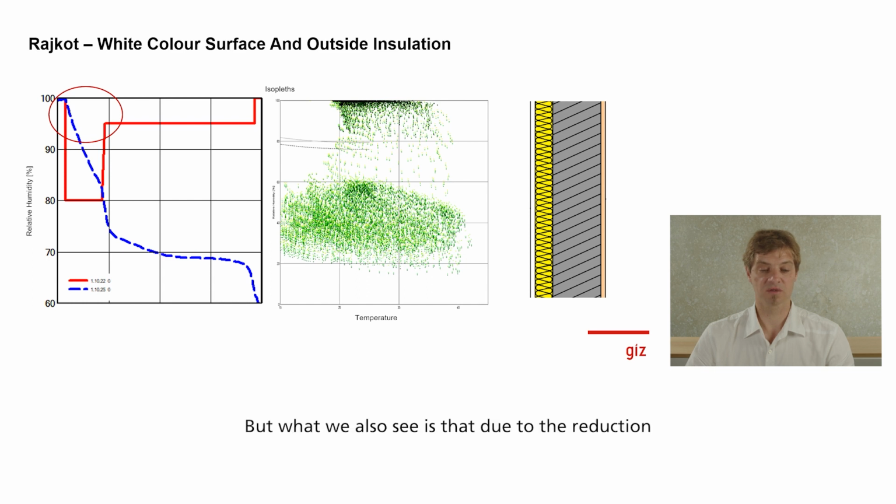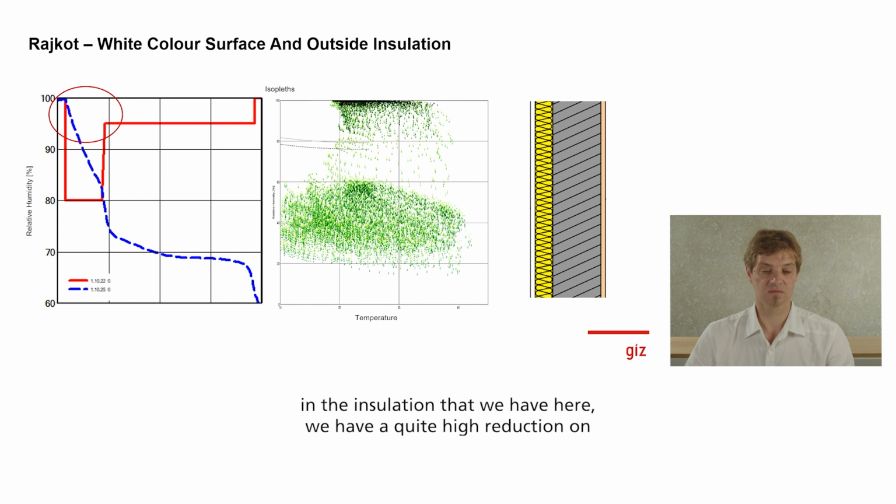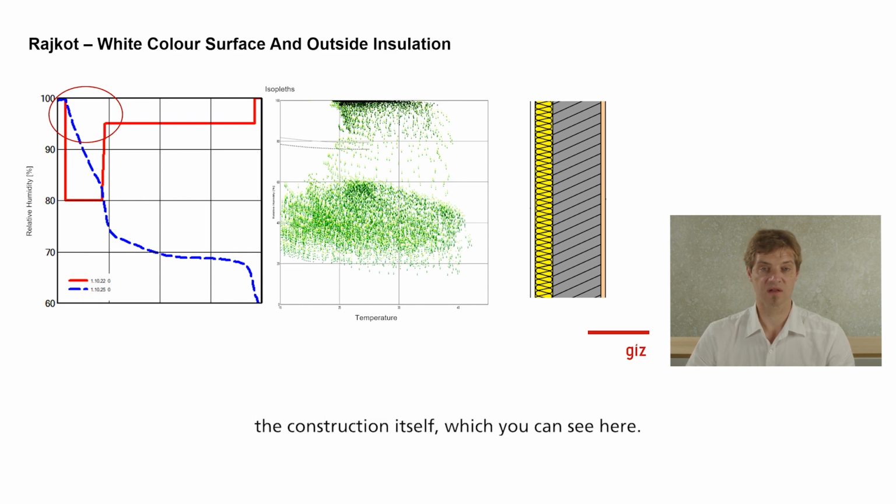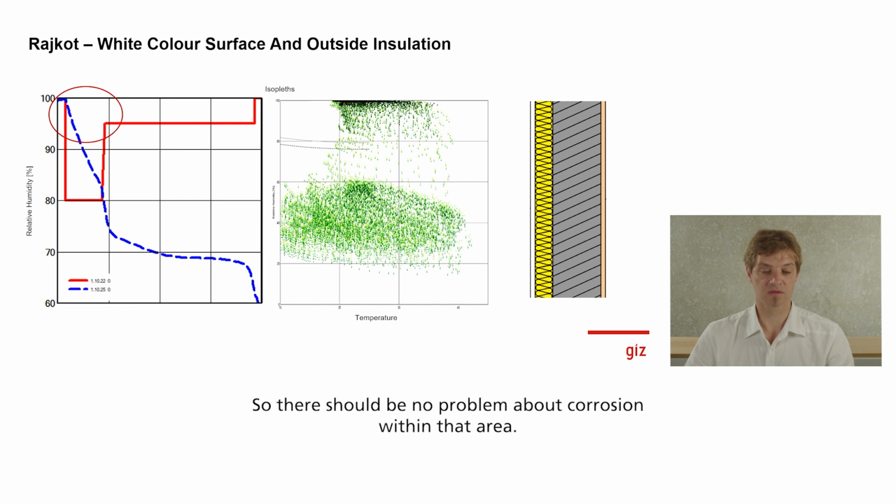But what we also see is that due to the insulation that we have here, we have a quite high reduction of moisture in the construction itself, which you can see here on the concrete. So there should be no problem about corrosion within that area.